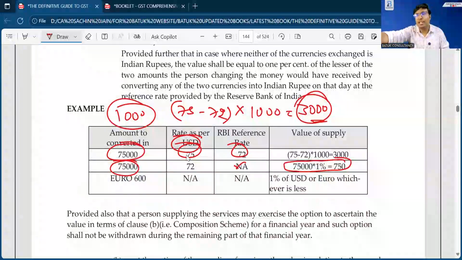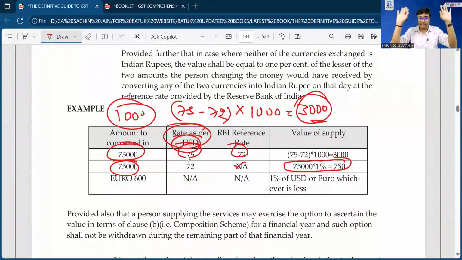Okay. Third situation, there may be a possibility that I have no Indian currency. I have US dollars and I want to convert that US dollar into euro.